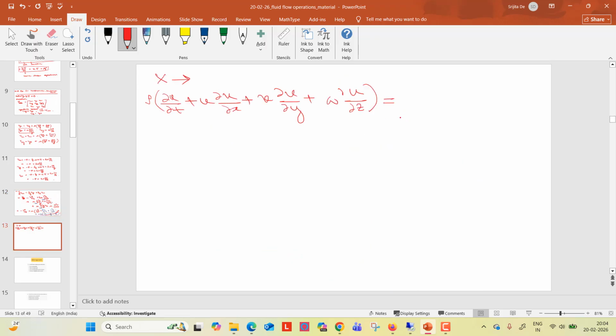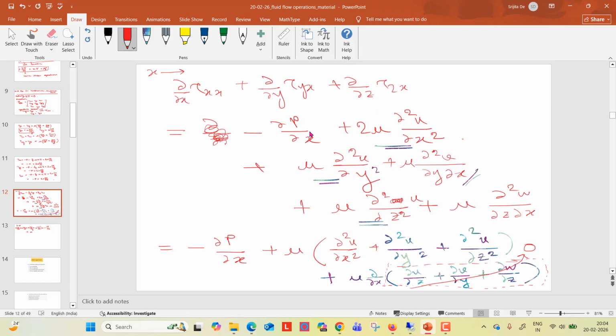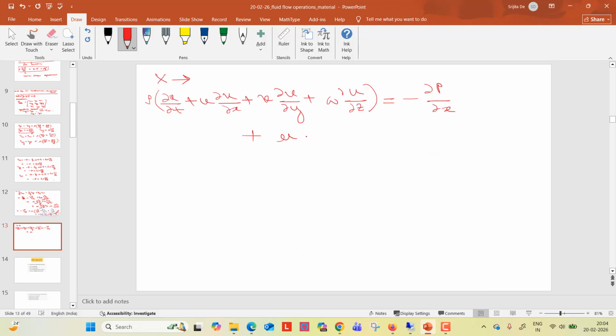Minus del p del x, plus this term is mu into del 2u del x square plus del 2u del y square plus del 2u del z square. And there is another term, which is a body force term, that is rho gx, right?